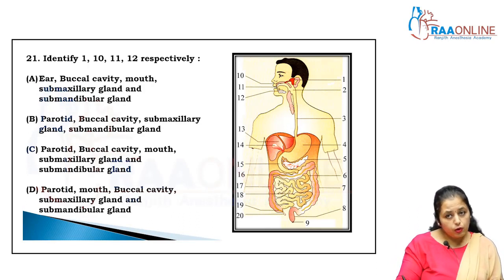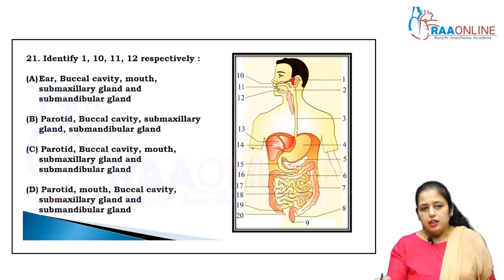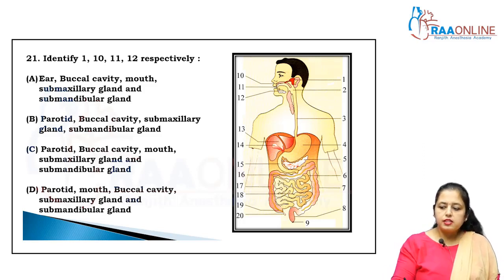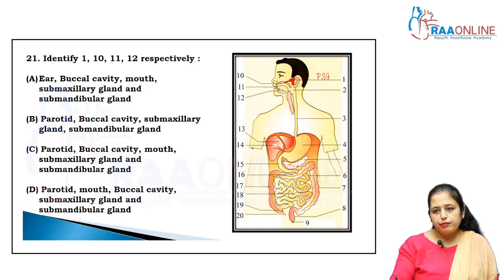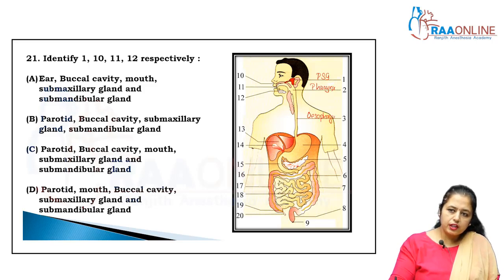Question 21 is also based on the diagram. In that NCERT diagram, the first one is the parotid salivary gland. The second one is the pharynx. The third one is the esophagus. The fourth one is the stomach.